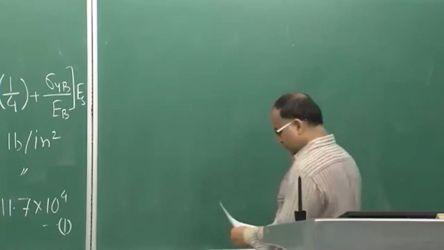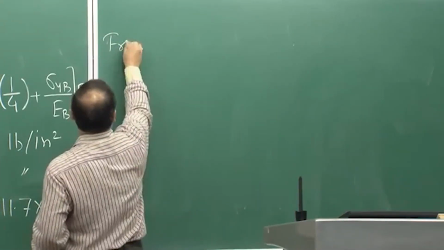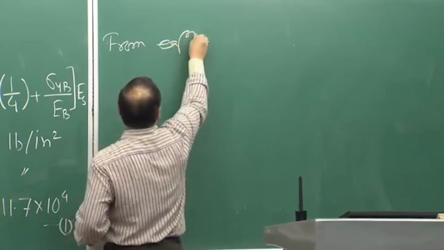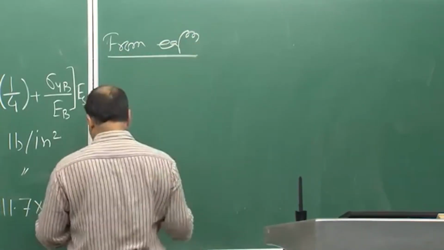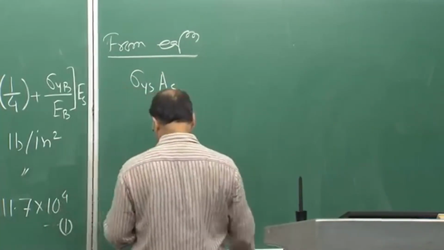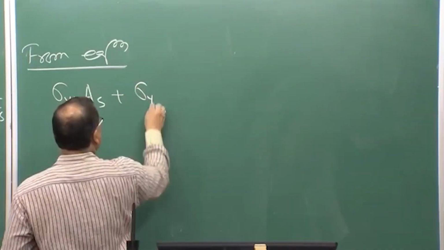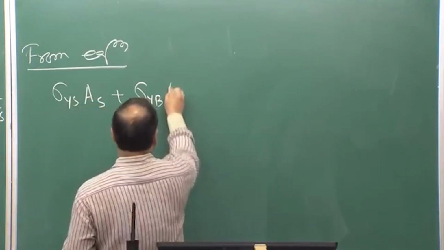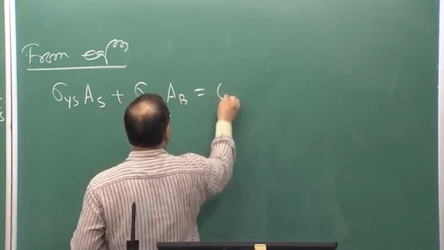Now, from equilibrium, I can write sigma y s A s plus sigma y b A b equal to 0.